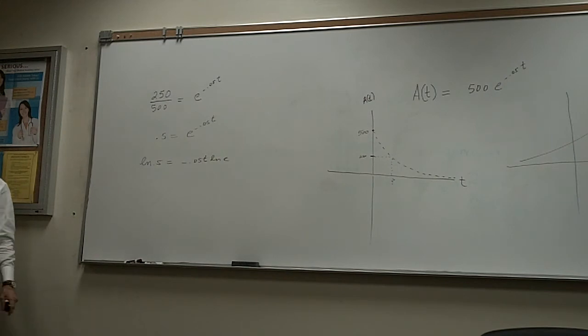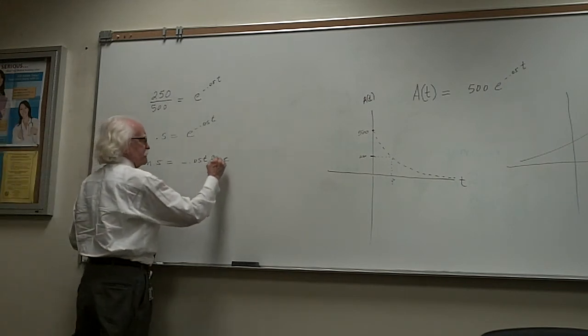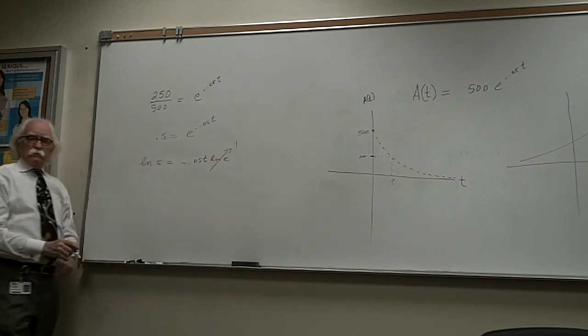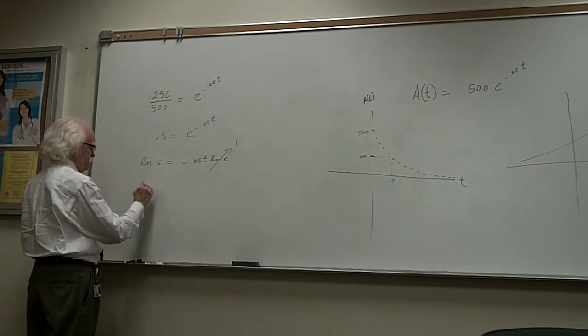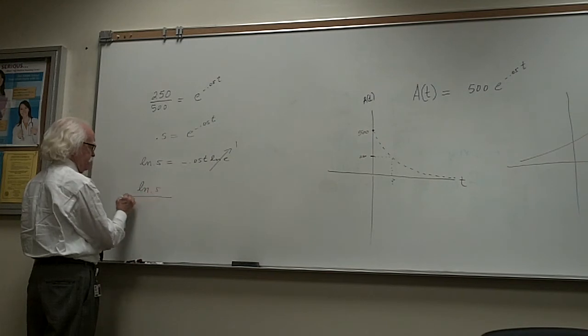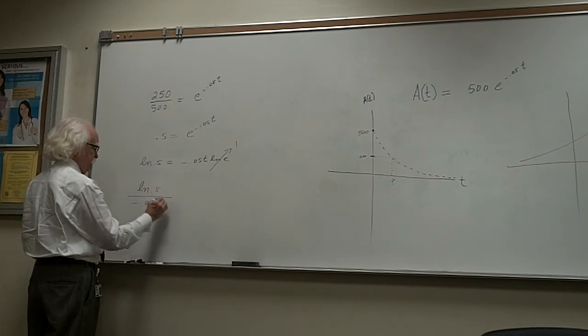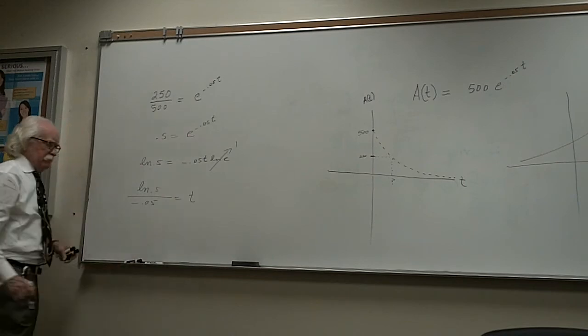That's all that happens. And we saw a minute ago that this was 1. So now the answer is ln 0.5 divided by minus 0.05 is equal to t.